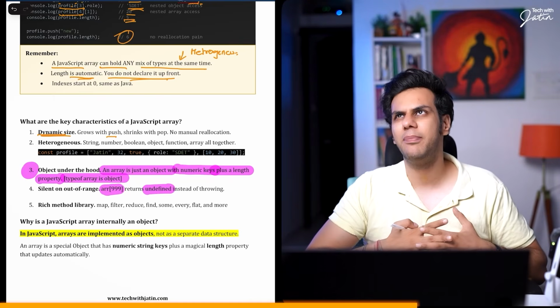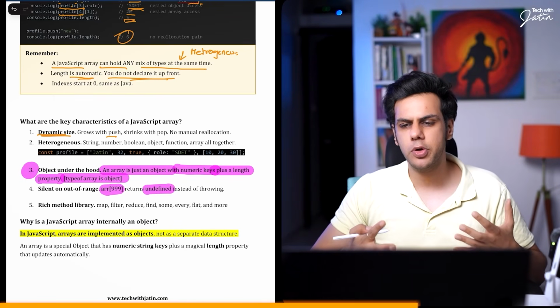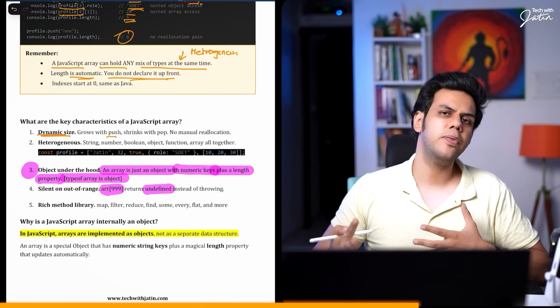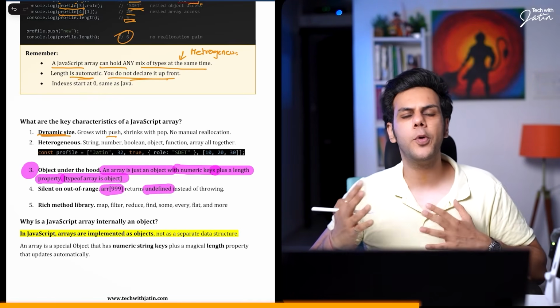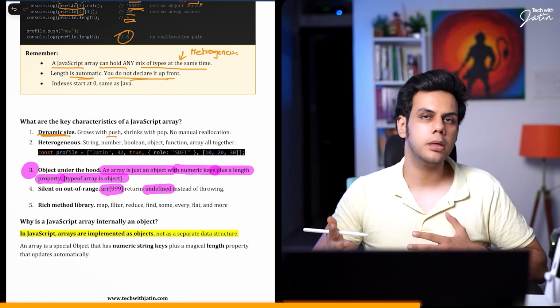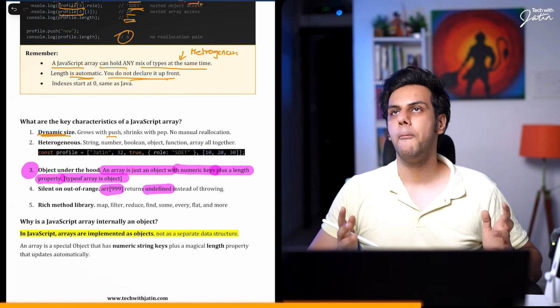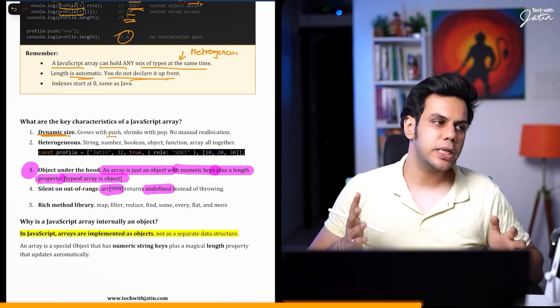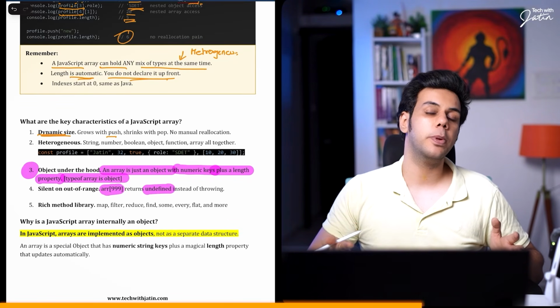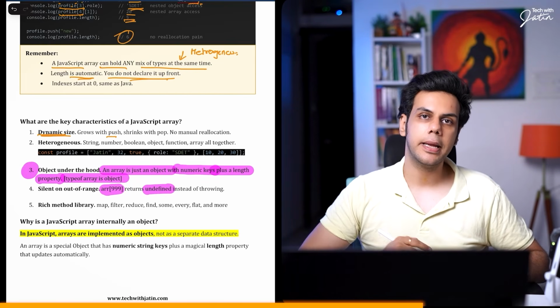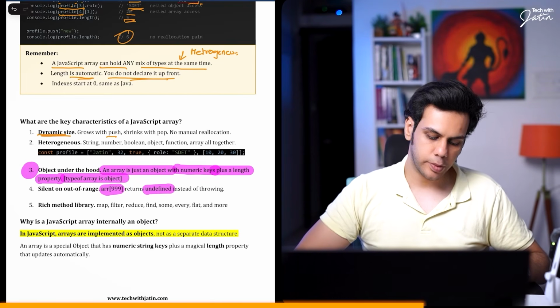There are I believe 20-25 methods in your array. We will definitely look at some of the important JavaScript array methods, but it has a huge list of methods, and using those methods, you can perform operations on the data in that array. I hope this part makes sense to everyone.